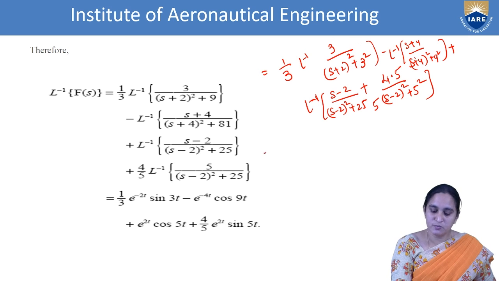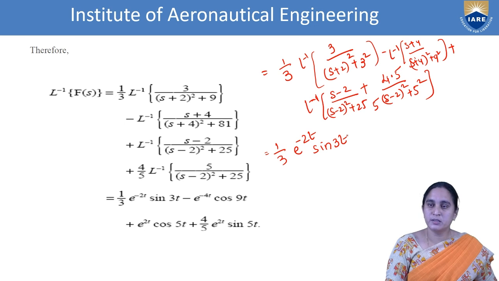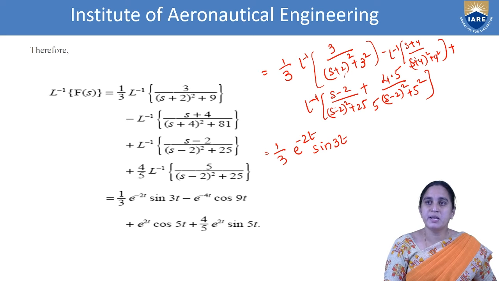third part. That is 1 by 3 into, now this is Laplace inverse of a by s square plus a square, that is e power minus 2t into the remaining sine 3t, by using the first shifting theorem, where s plus a, here a means minus 2t, and the remaining is Laplace inverse of a by s square plus a square, that is sine 3t, minus Laplace inverse of (s plus 4) by (s plus 4) whole square plus 9 square.